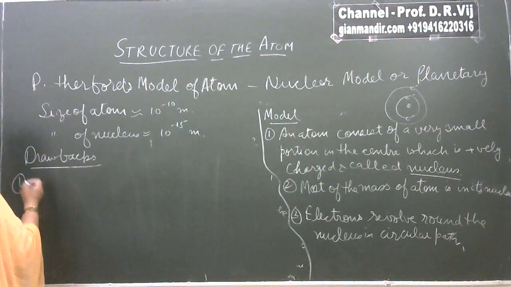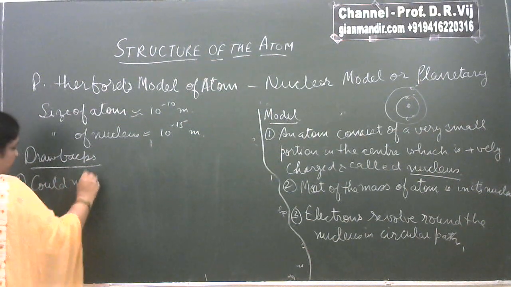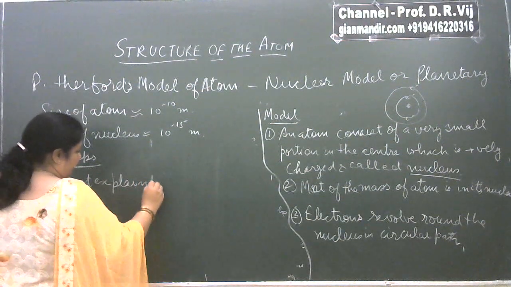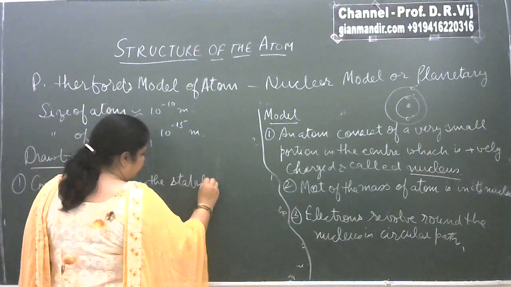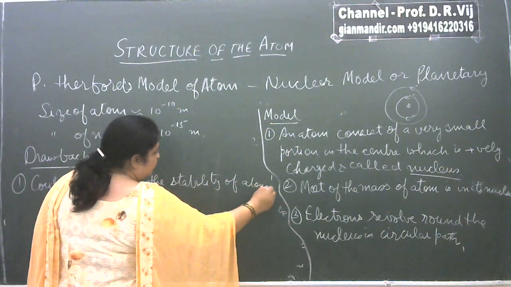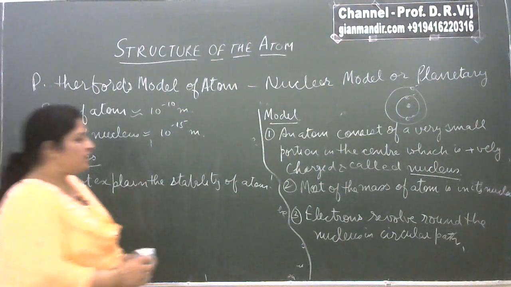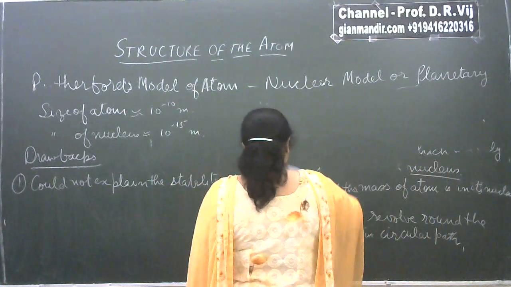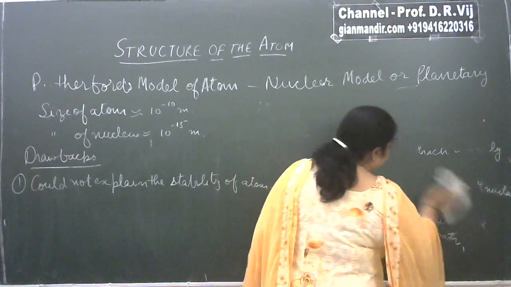The first and most major drawback of Rutherford's model is that it could not explain the stability of atom. Why? Because at the same time there was another scientist named Clerk Maxwell who was studying the movement of charged particles.